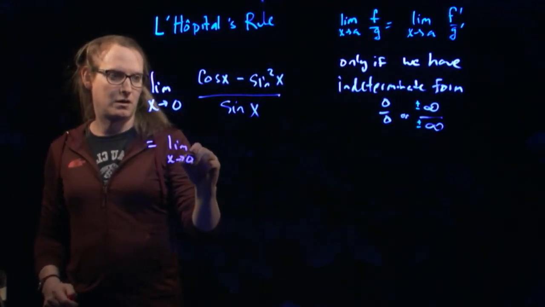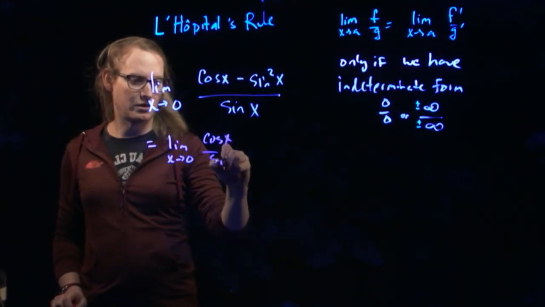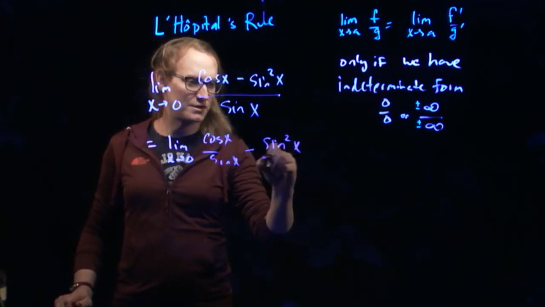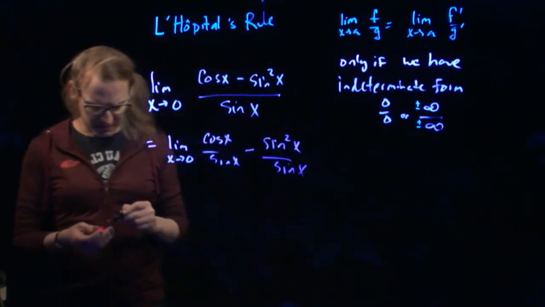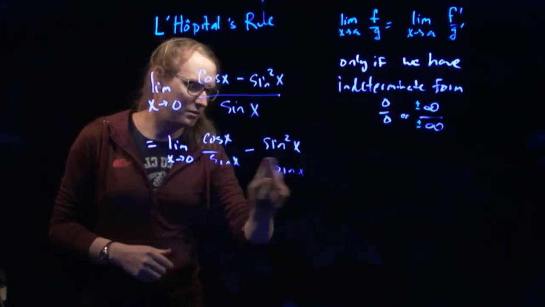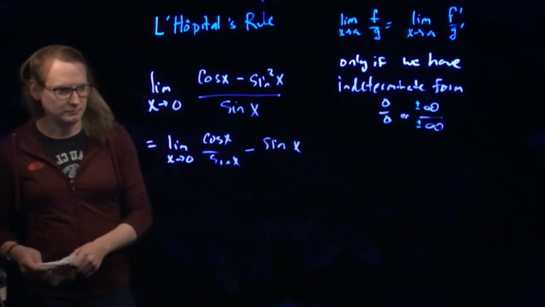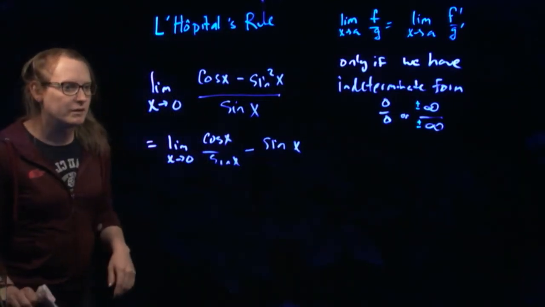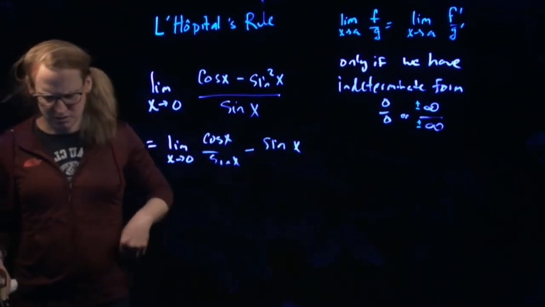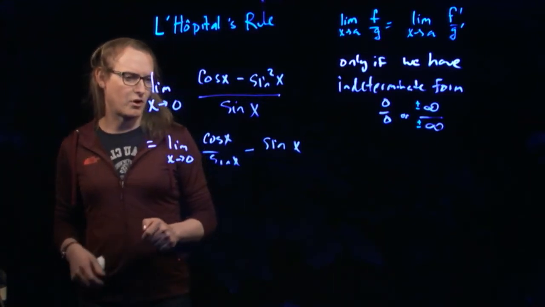So let's go ahead and rewrite this so that I have cosine x over sine x minus sine squared x over sine x. I'm going to cancel that one out of the bottom there. And this cosine over sine expression is where my infinity is going to come from.